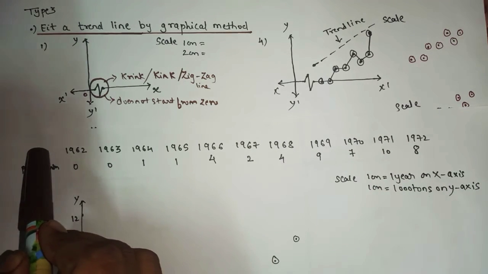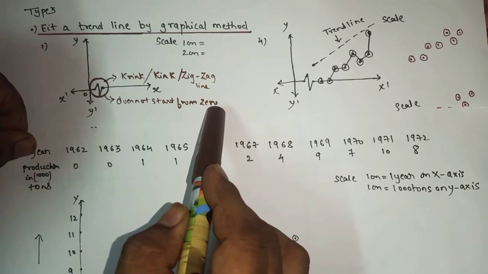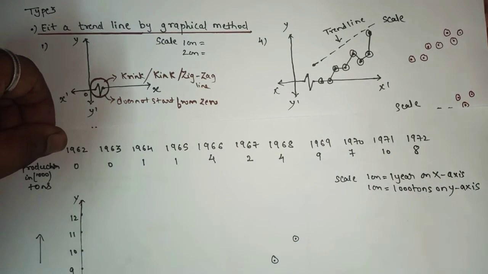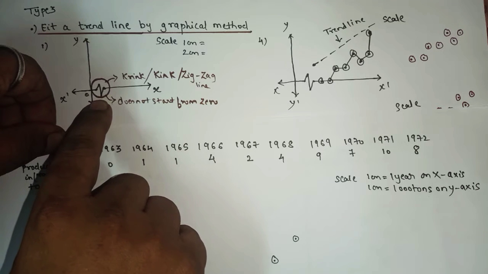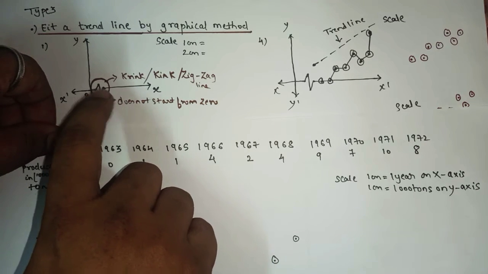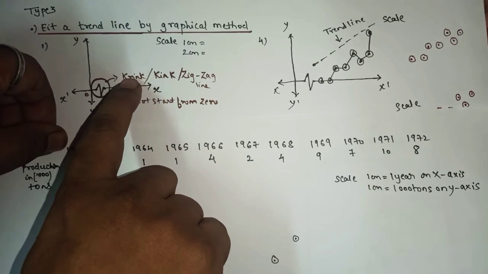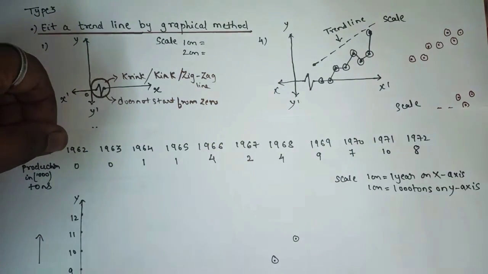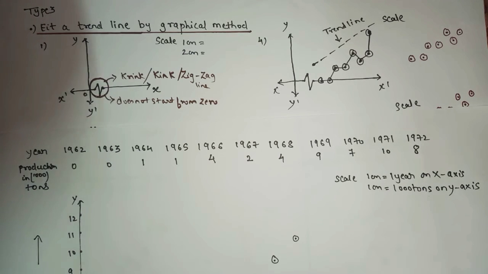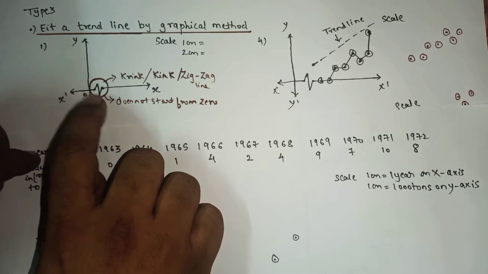So when the class does not start from 0, like here the year starts from 1962, it does not start from 0, that means you have to draw this symbol. So remember this, whenever the class does not start from 0, you have to show the symbol. The symbol is known as crink, or in simple language we can use the word zigzag line. Okay, so this is the point number 1.